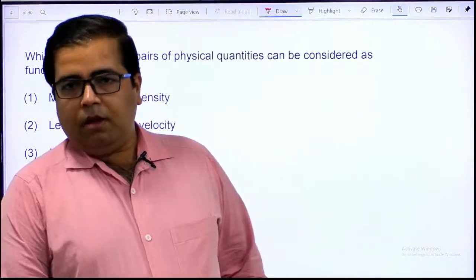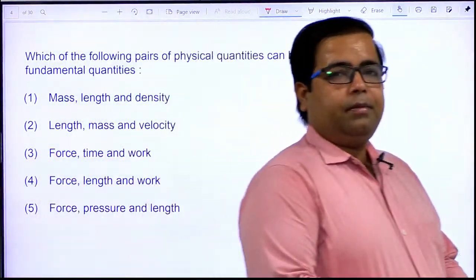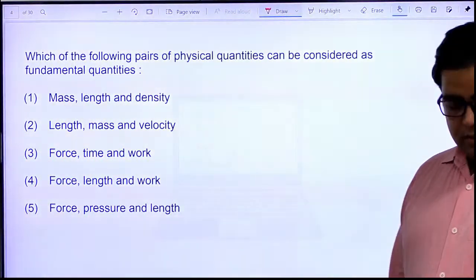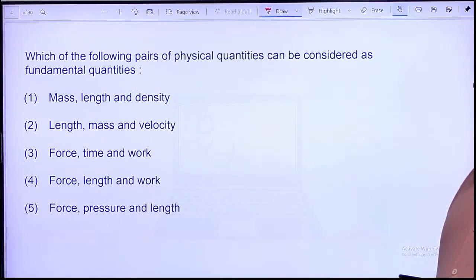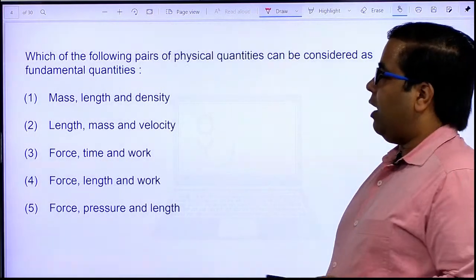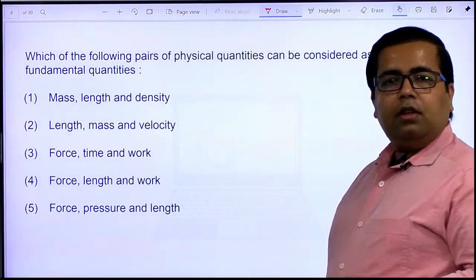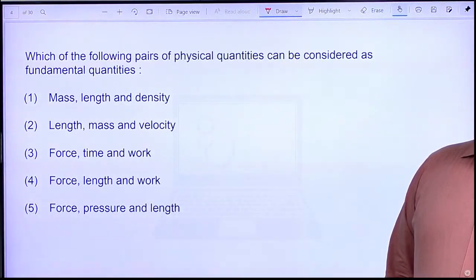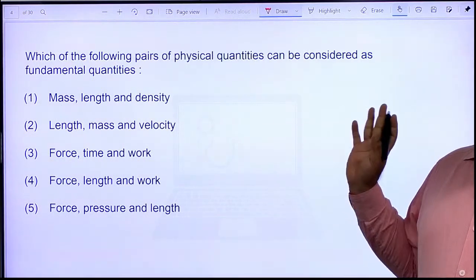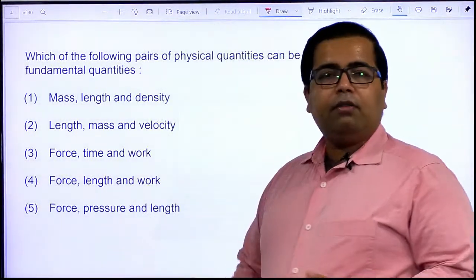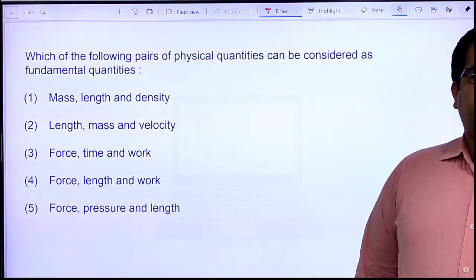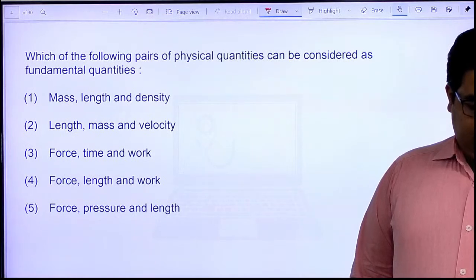I need the answer. I am waiting for your answer. Tell me 1, 2, 3, 4, 5. Just tell me the number which one can be taken as a fundamental quantity, the set of physical quantities.